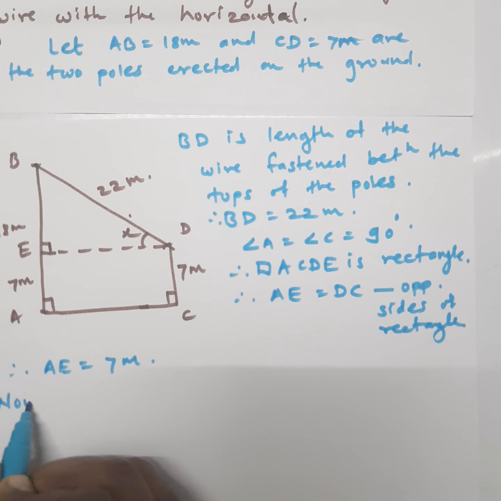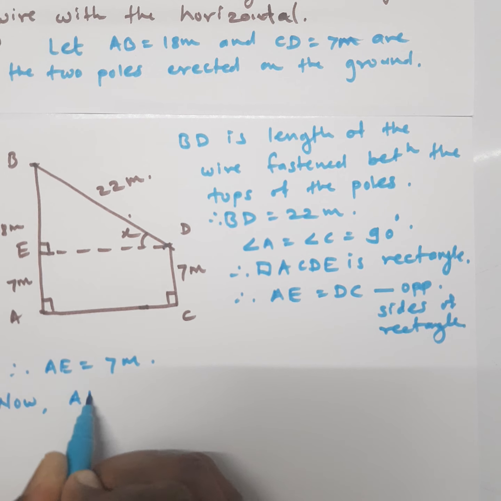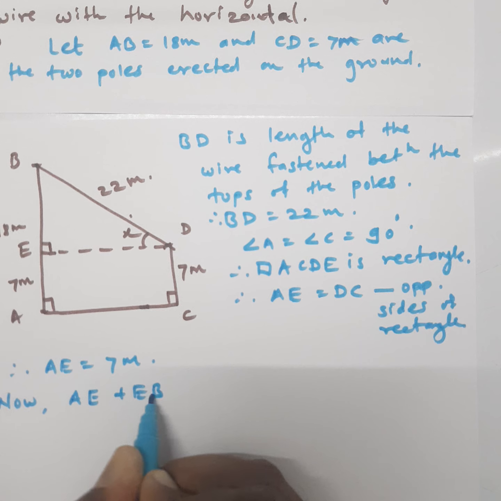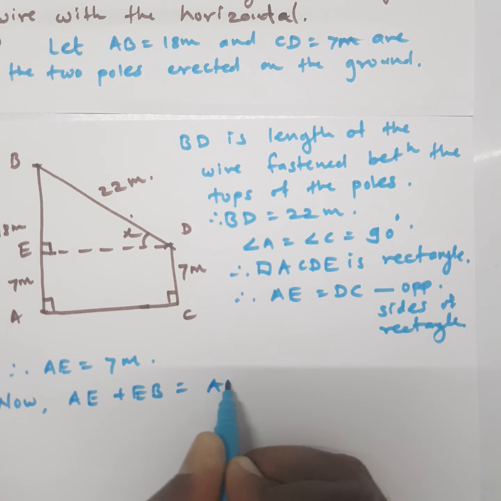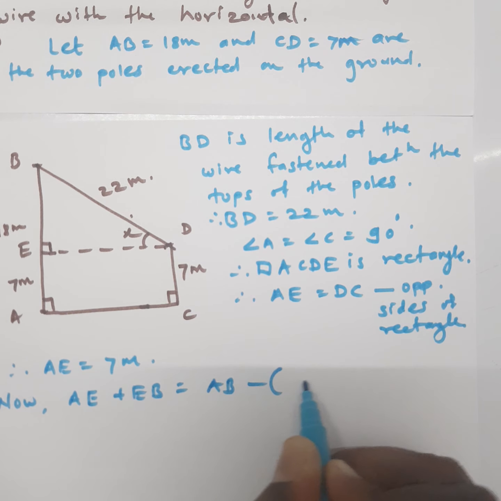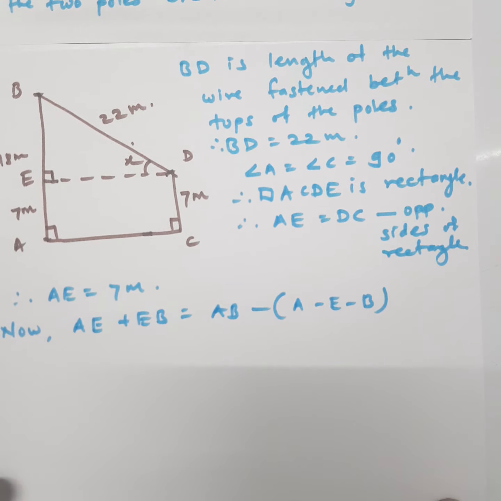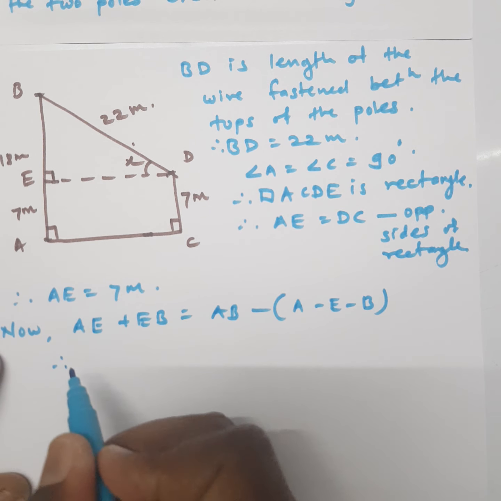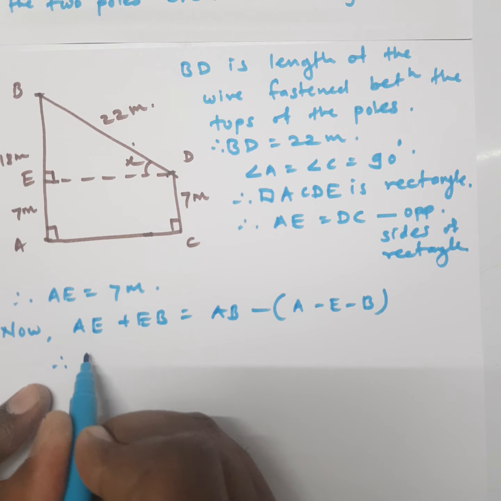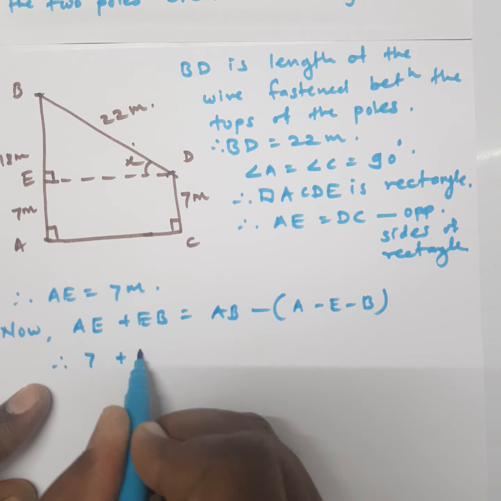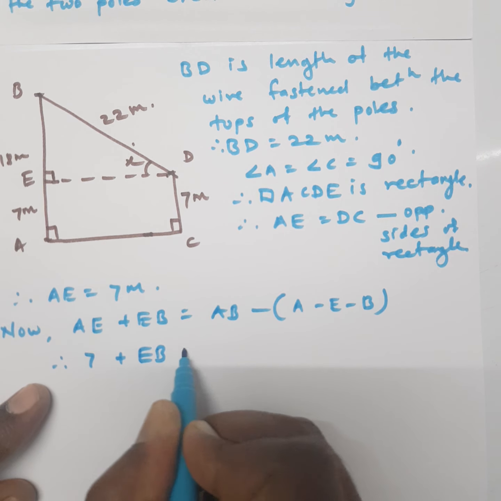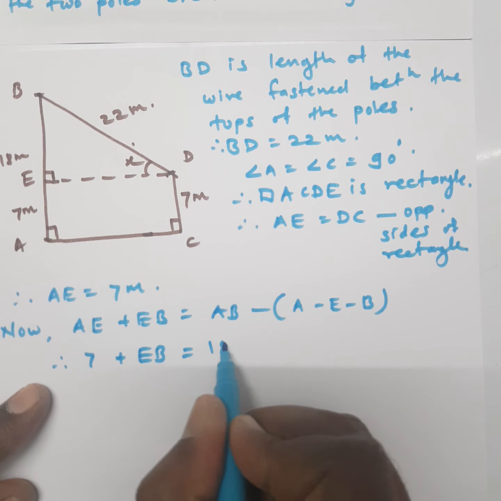Now, AE plus EB is equal to AB because A, E, B are collinear. Therefore, AE 7, EB is equal to AB 18 meter.